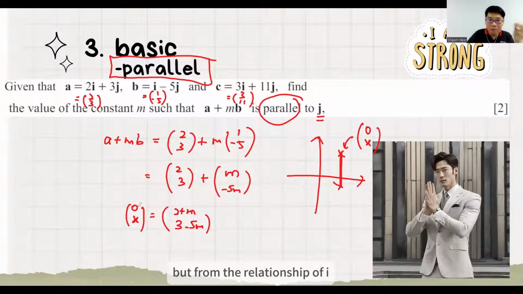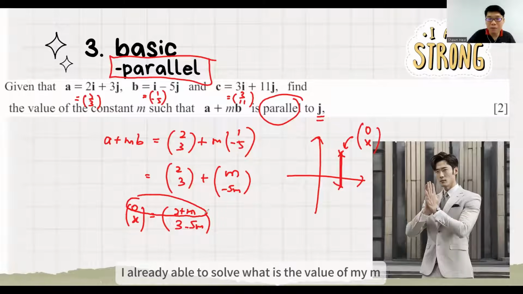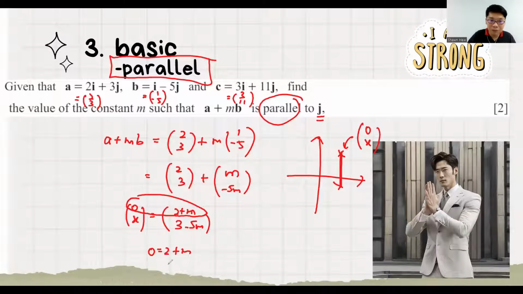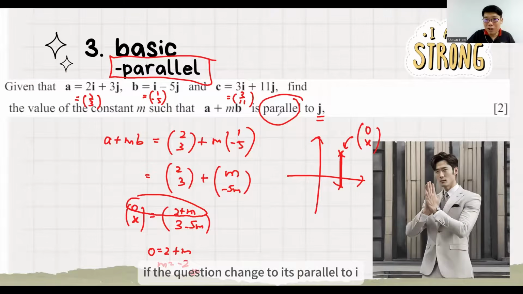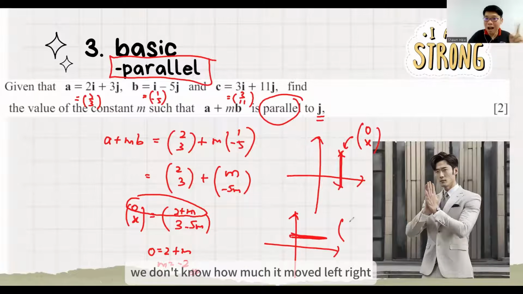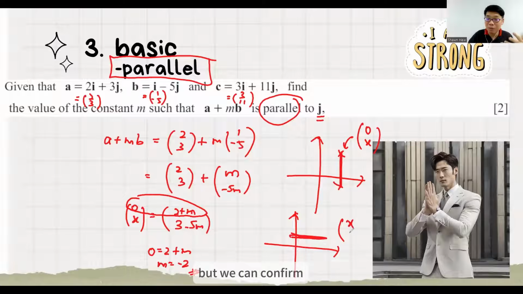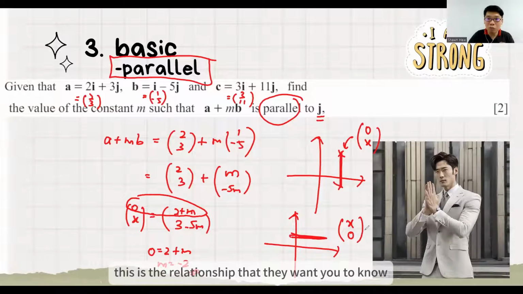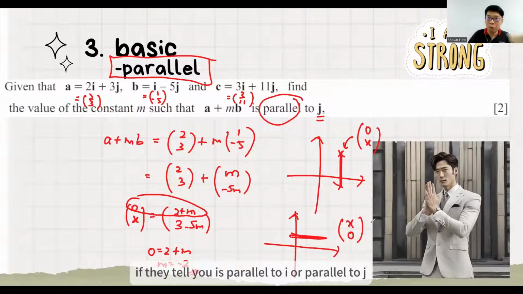But from the i relationship, I am already able to solve the value of m. So m is -2. If the question changed to parallel to i, it would be left, right. We can confirm it does not move up, down, though we don't know how much it moves left, right. So this is the relationship they want you to know if they tell you it's parallel to i or parallel to j.